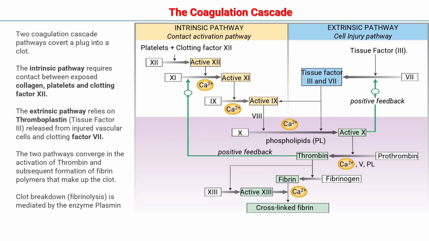So, the plug-to-clot breakdown: if somebody has clotting within the blood and obstruction of a blood vessel, they take some medications. They call this fibrinolysis. Lysis is destruction, and it is mediated by the enzyme plasmin.